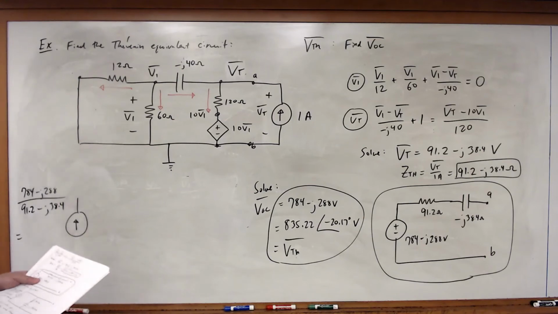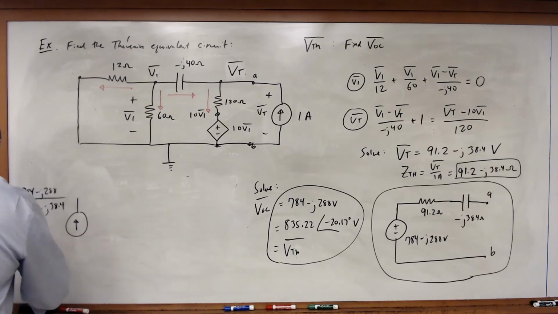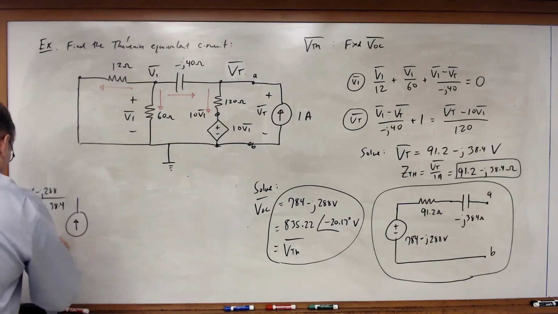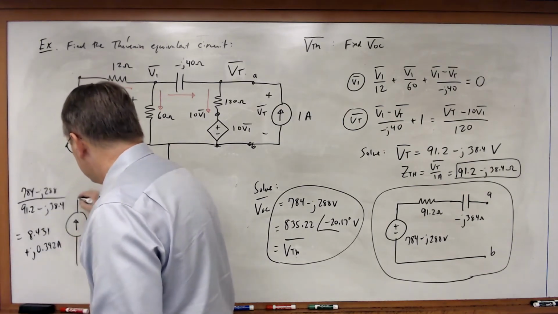And that will be equal to 8.431 plus J0.392 amps. So that's the value of my current source.